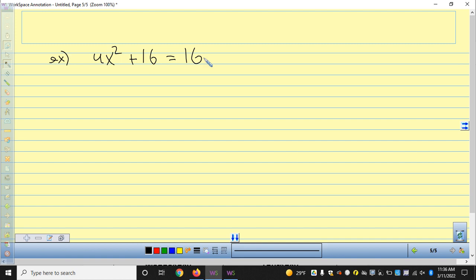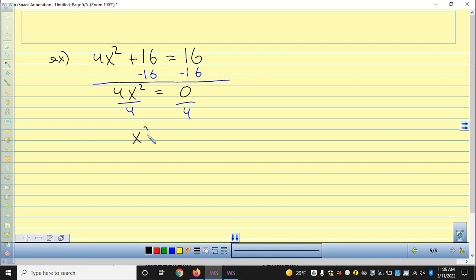4x squared plus 16 equals 16. So we don't have a b here. We don't have the bx part. So we can solve by taking square roots. I'm going to start by subtracting 16 from both sides. And I get 4x squared equals 0. Divide by 4.